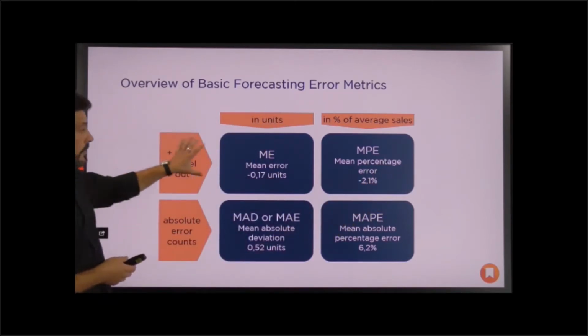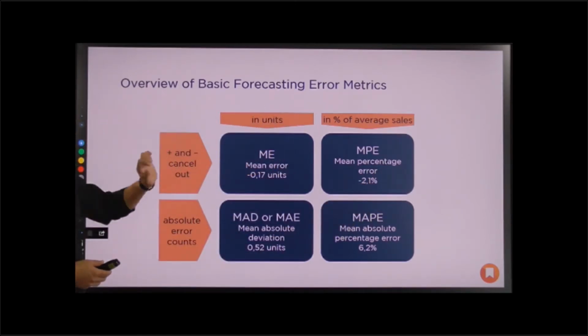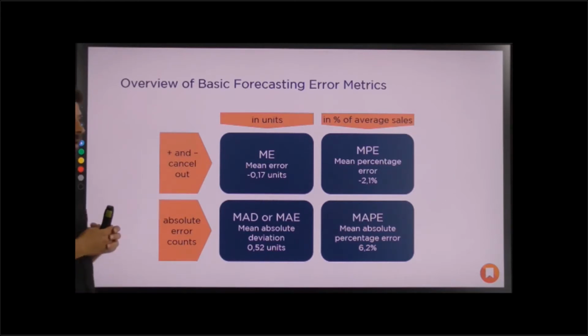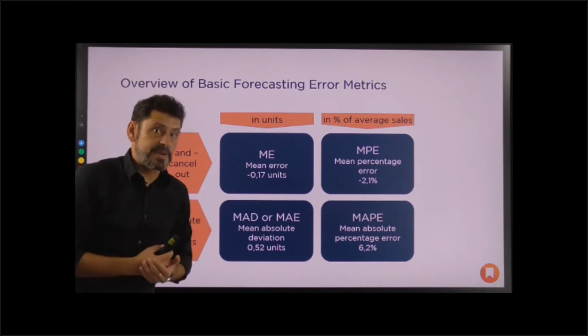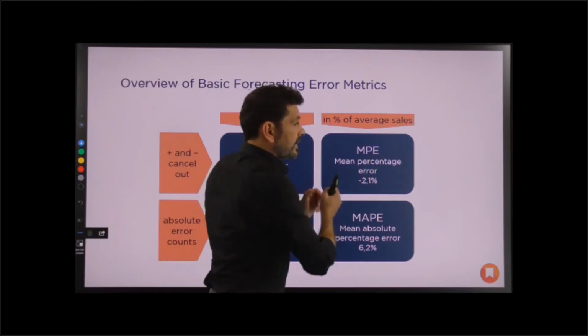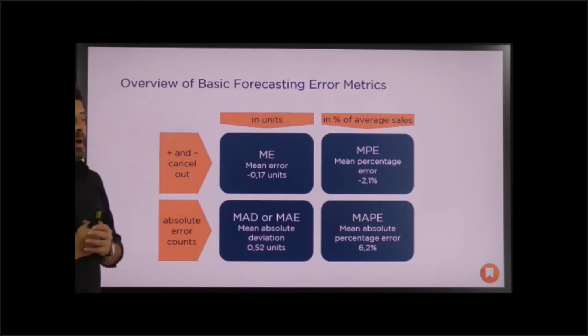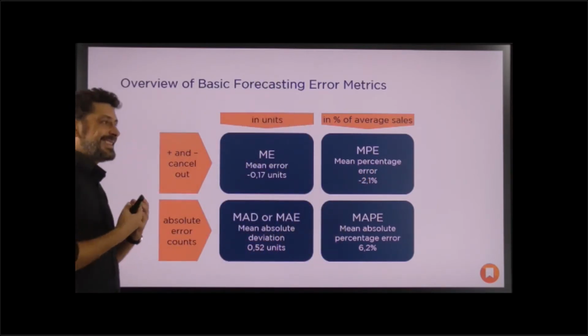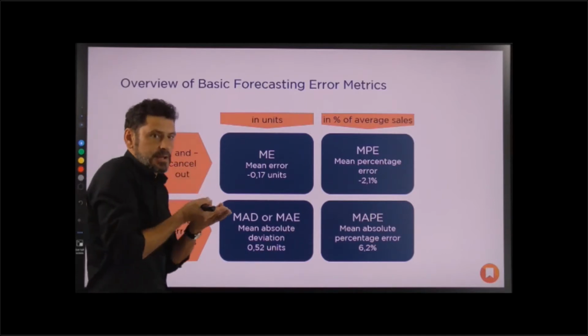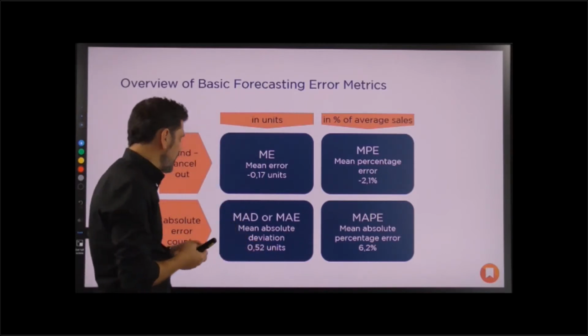In the top part, the pluses and the minuses cancel each other out. Now, you don't always want that, but if we accumulate that in a percentage error, we can actually get an idea of the overall direction of our forecasting error.